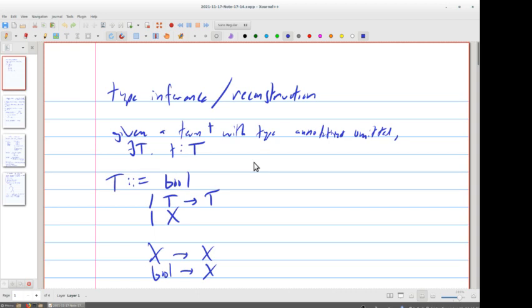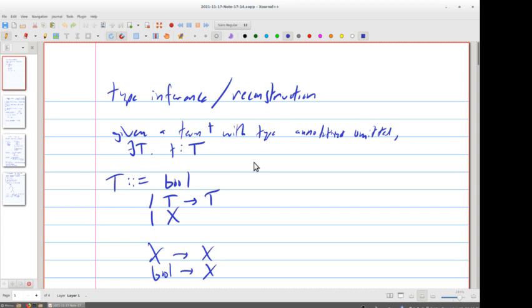Just x by itself could be a type, but you could also have x arrow x, or x arrow y, or bool arrow x. Type variables are now a part of the syntax of types.